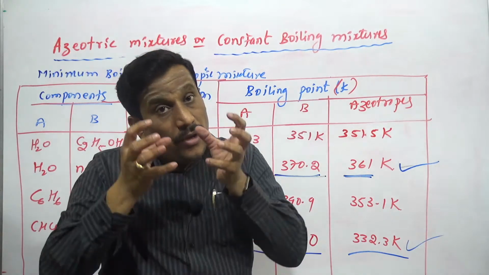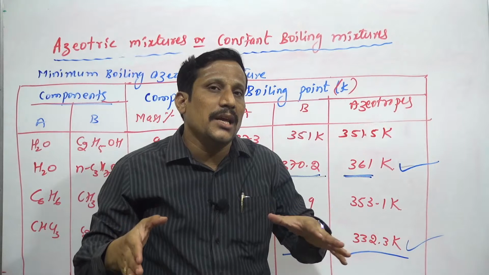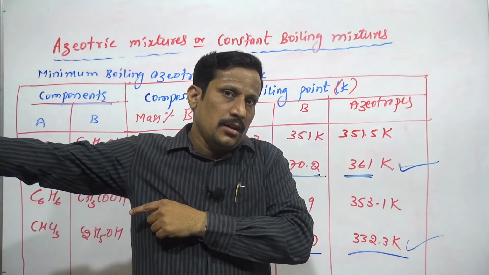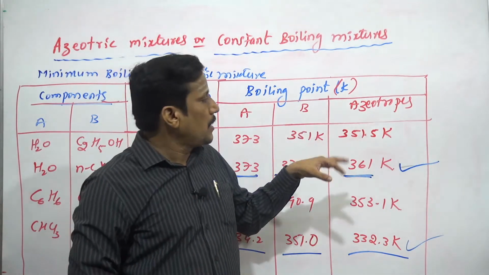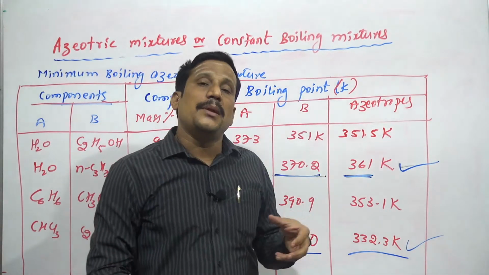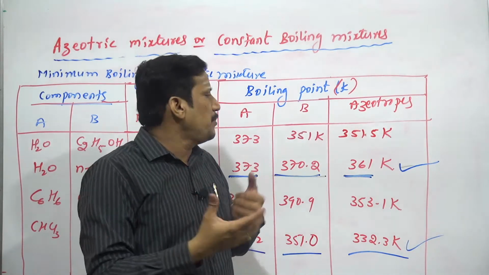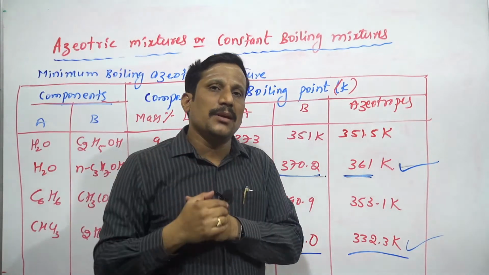Sufficient ethyl alcohol vapors are not collected on the surface of the liquid, so that they can become equal to the atmospheric pressure. Same ethyl alcohol, if the temperature is 351 Kelvin, their vapor pressure is equal to the atmospheric pressure.